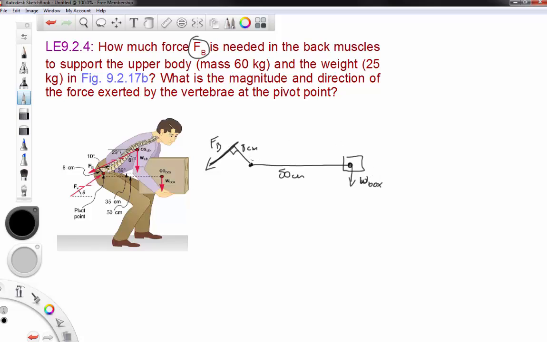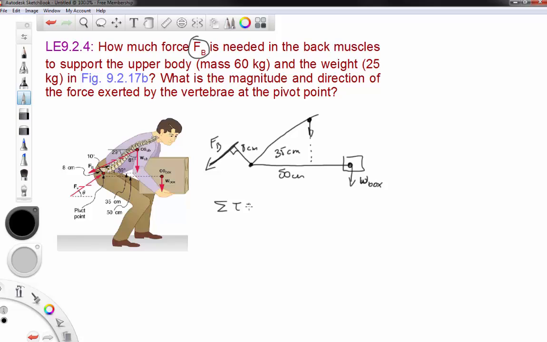And then similarly, his actual spine is kind of doing a number like this, and his actual center of mass for his upper body is right here, and this perpendicular distance would be 35 centimeters. Okay, so those are the relevant distances, and this is the basic diagram that we need.